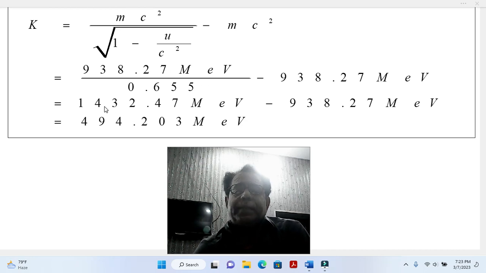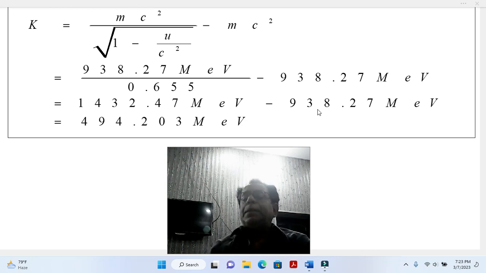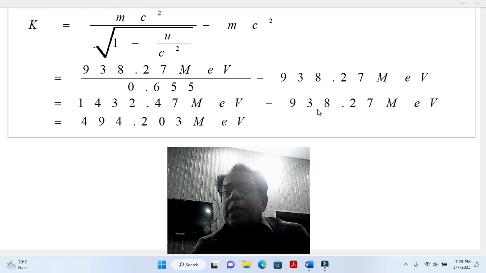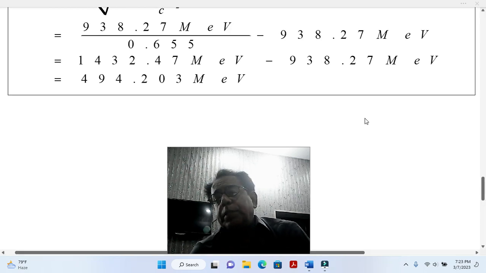After simplification it becomes 1432.47 million electron volt minus 938.27 million electron volt. Both units are the same, so it can be easily subtracted, and after subtraction we get 494.203 million electron volt. This is the kinetic energy.